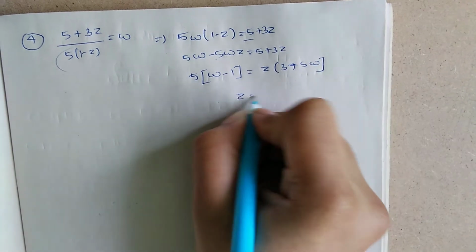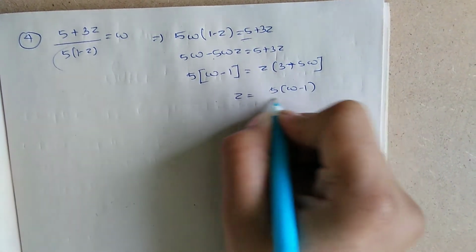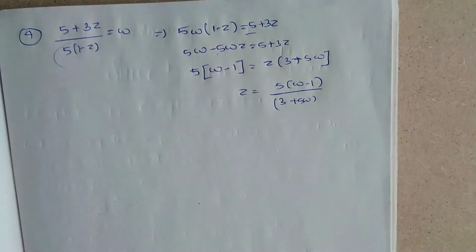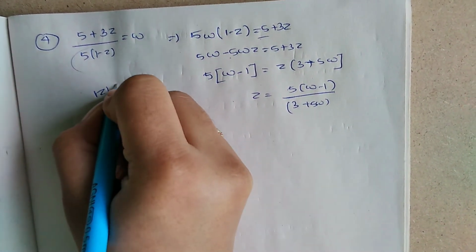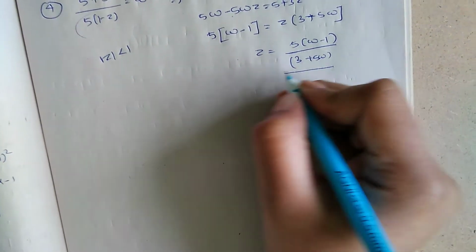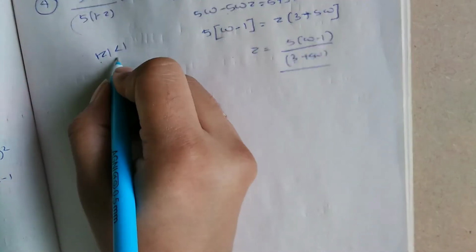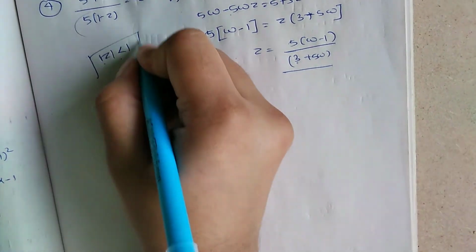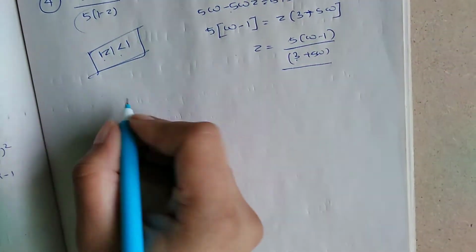So what can you write z as? 5 of w minus 1 by 3 plus 5w. Yes or no? In the question they mentioned mod z is less than 1. Yes, mod z is less than 1. So you take modulus of z, it will be less than 1 for sure because it is the condition given in the question.